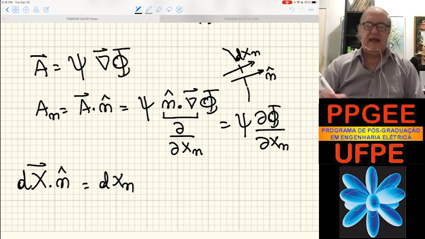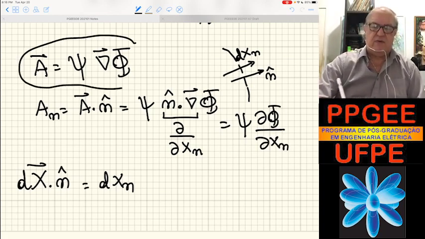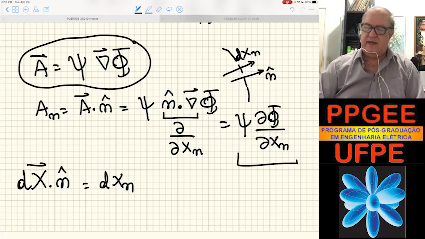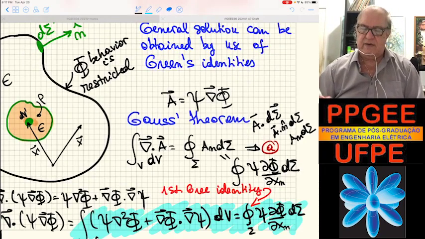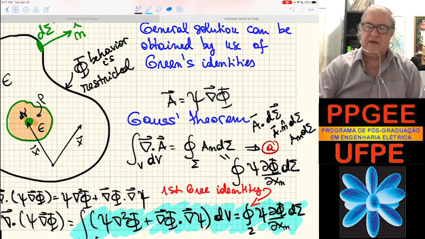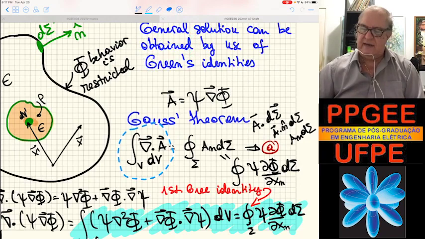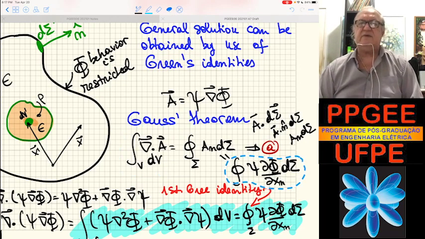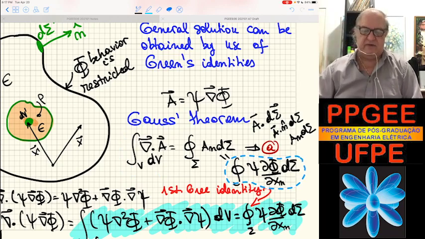That's what we have on the boundary. The normal component of A is given by this simple relationship. Gauss's theorem gives me the divergence of A in the volume equals the surface integral of this combination of a function times the derivative of the other function.